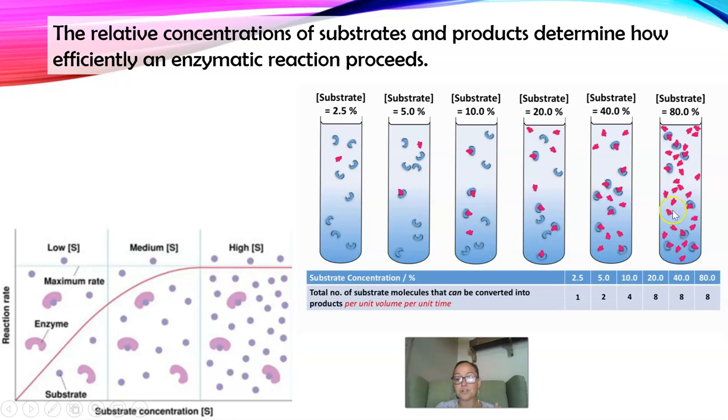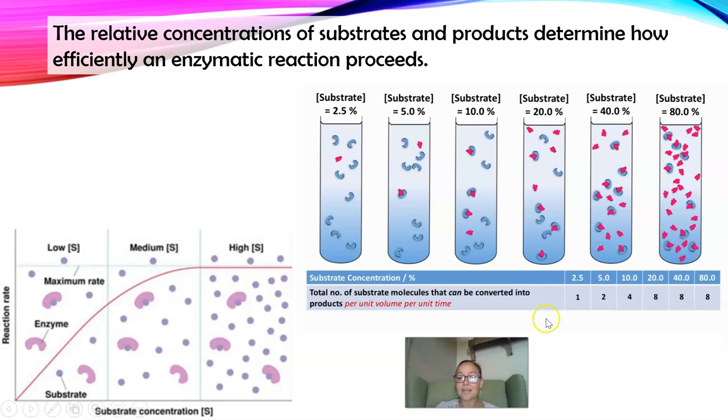In this picture, the blue represents the enzyme, but as you increase the amount of substrates, there's a greater likelihood that a substrate will interact with an active site, forming products. So as you increase the substrate, the rate of the reaction increases, the amount of products increases, until you get to a certain concentration where it eventually levels off.